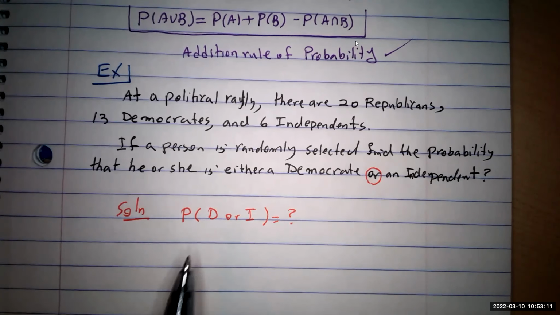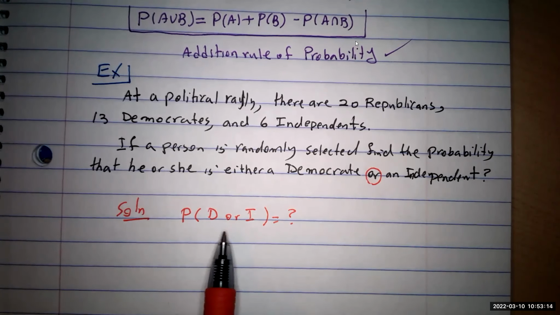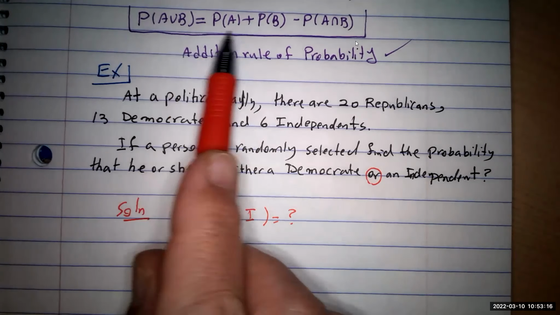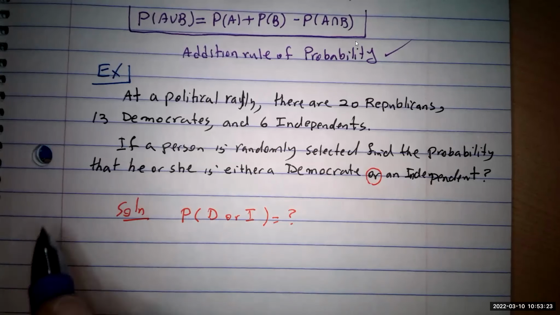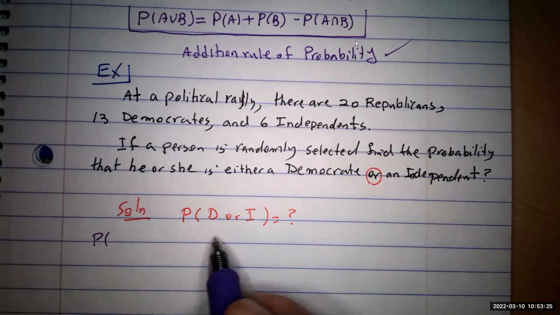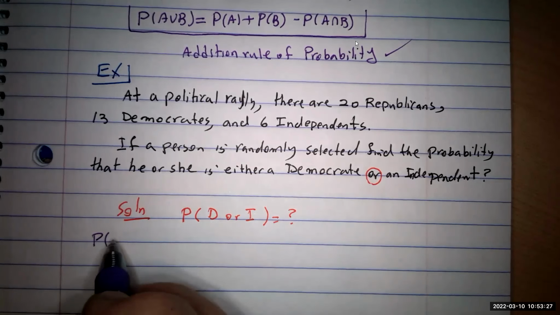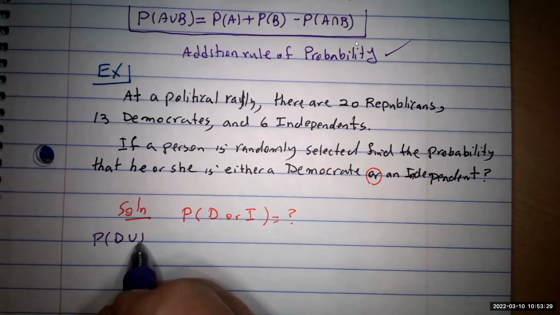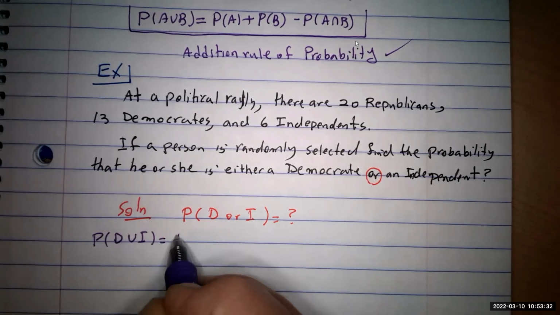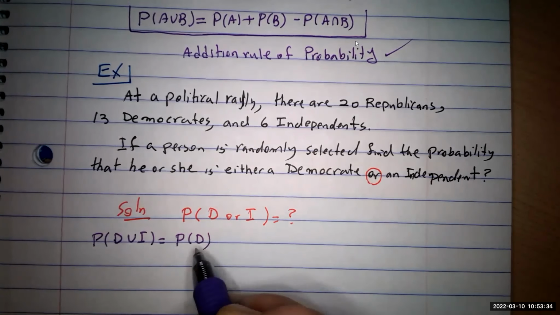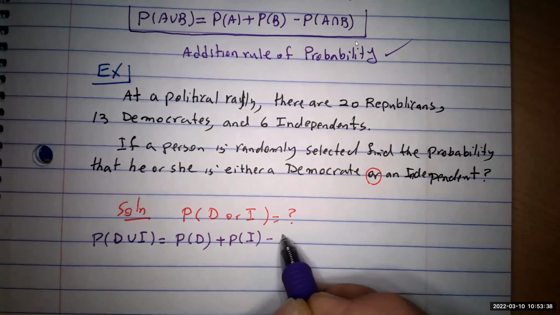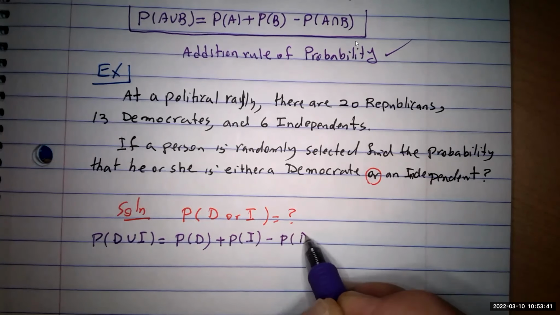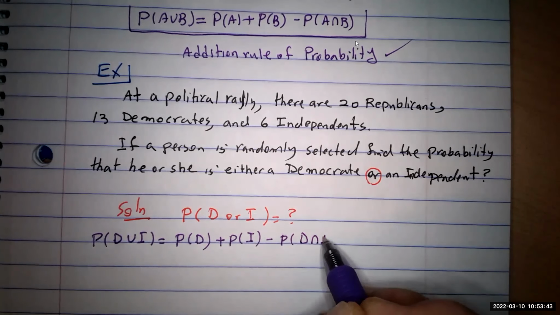So you realize that you're dealing with the OR combination. When it's an OR combination, you have to use the addition rule. So you write your formula. The formula that you have to use is probability of D or I, D union I, is equal to the probability that the person is a Democrat, plus the probability that the person is independent, minus the probability of the person to be Democrat and independent.